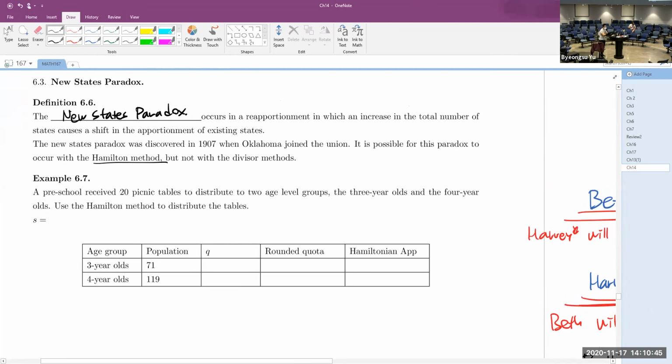The preschool received 20 picnic tables to distribute to two age level groups, the 3-year-olds and 4-year-olds. And we want to distribute them using the Hamilton method. First of all, you need to find the standard divisor. If you add those populations, what you get is 190. The standard divisor is population divided by the house size, so it is just 9.5.